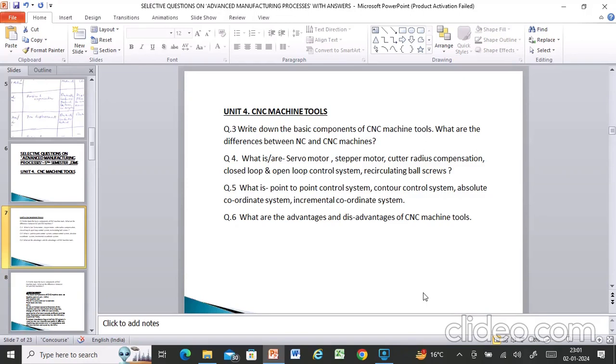Question 3 says, write down the basic components of a CNC machine tool and what are the differences between NC and CNC machine. Question 4 says, what is APT, servo motor, stepper motor, cutter radius compensation, closed loop and open loop control system, and recirculating ball screw.